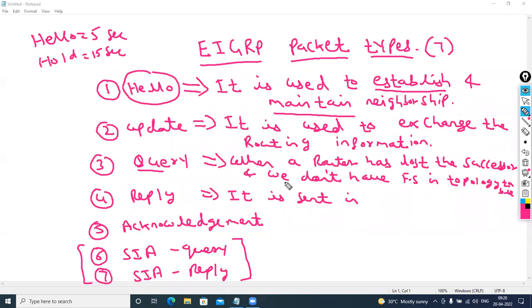Any other word for this? Response. Very good. It is sent in response to a query.